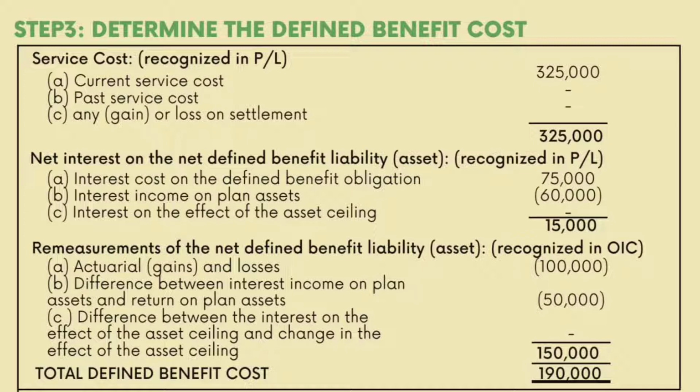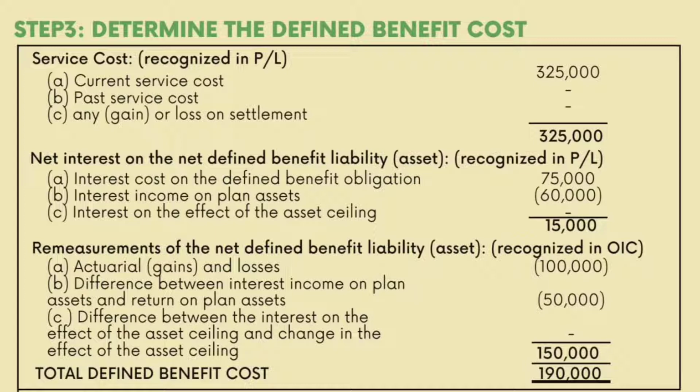Next is remeasurement naman. Ang actuarial gain or losses naman is 100,000. At yung difference between interest income on plan assets and return on plan assets is negative 50,000. Para makuha yung negative 50,000, yung nakuha nating interest income on plan asset kanina na 60,000 ay i-minus siya sa return on plan asset na given na 110,000.